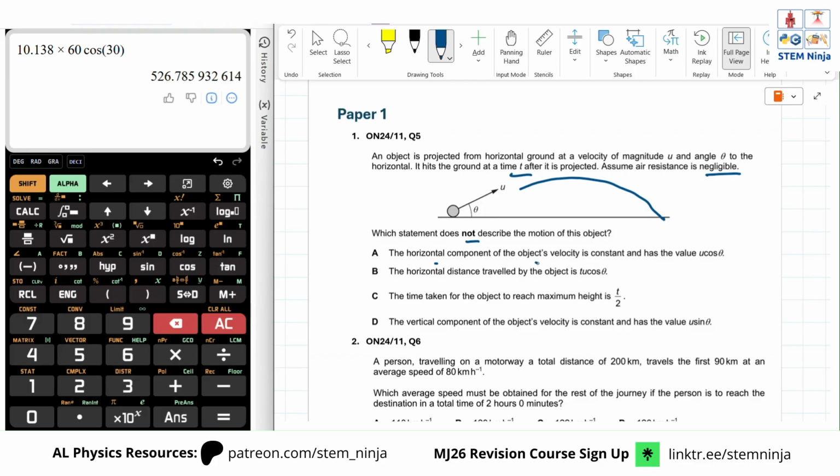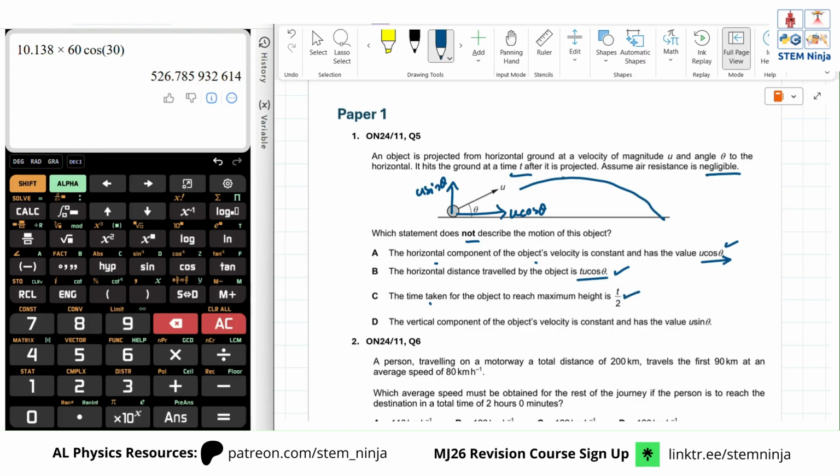The horizontal component of the object's velocity is constant and has the value u cos theta. That is correct because horizontal velocity would be u cos theta and the vertical component of the velocity would be u sine theta, and the vertical velocity will undergo acceleration also. The horizontal distance traveled by the object is this. That is also correct. The time taken for the object to reach maximum height is t over 2.